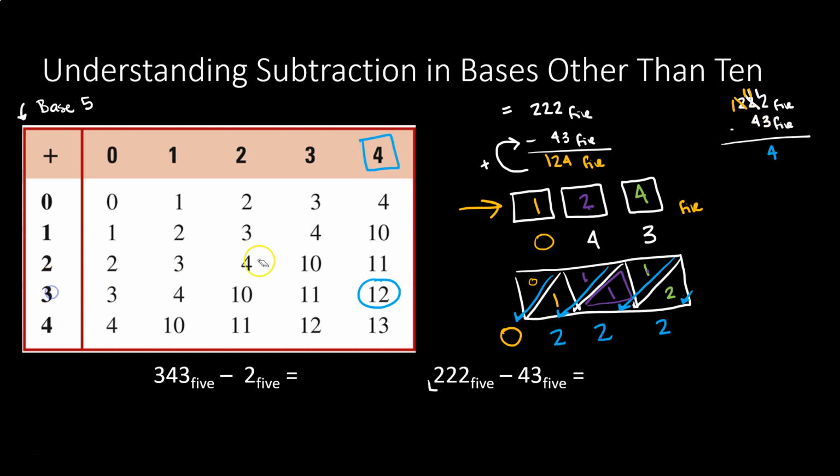To find that subtraction problem answer using our addition, we come to our 4 column and we look for how 4 is related to 1, 1. It's related by 2, which means 1, 1 minus 4 equals 2. And then lastly, we bring down the 1. We get the same answer, 1, 2, 4, base 5.